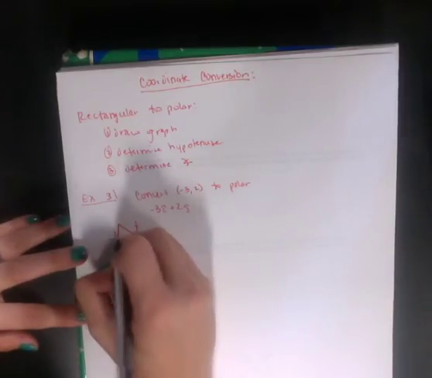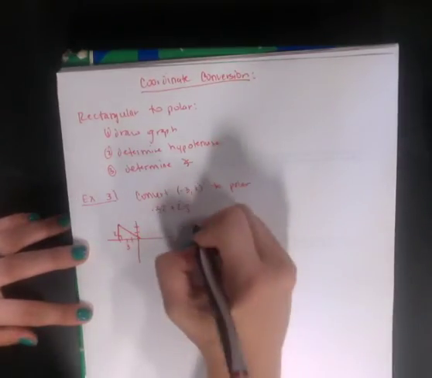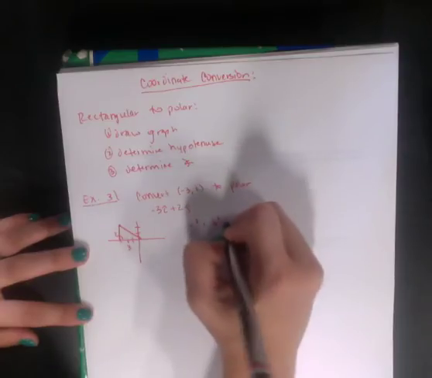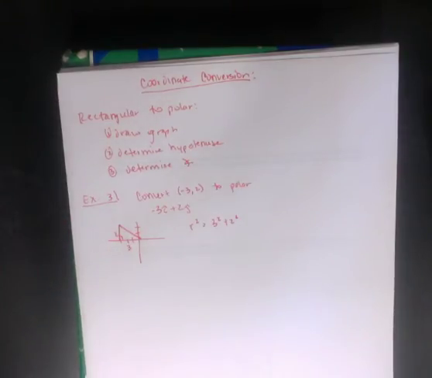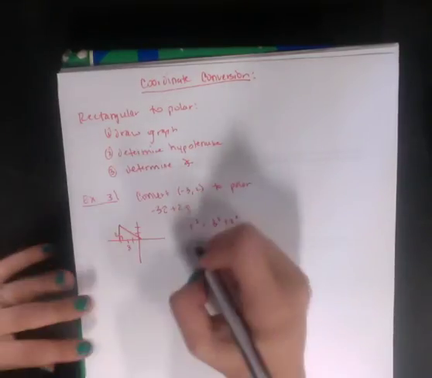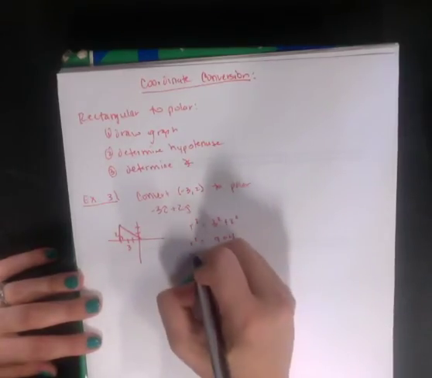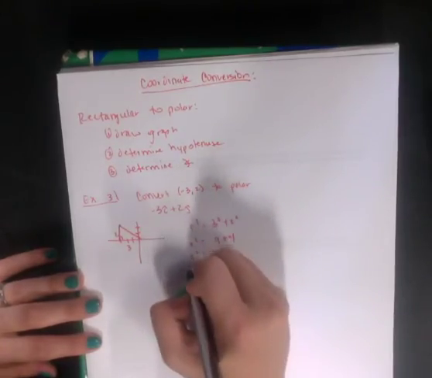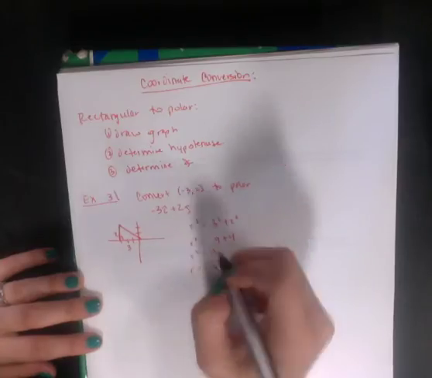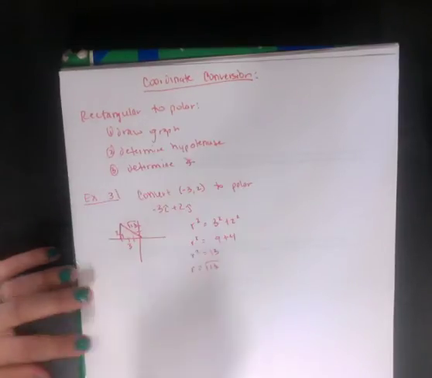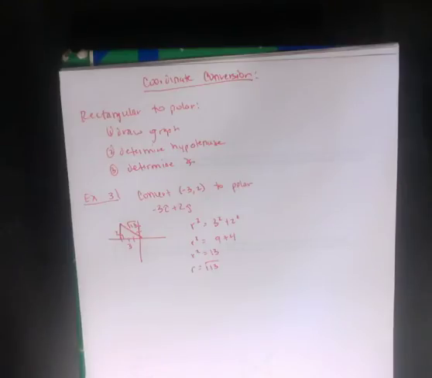This is 3, this is 2. And I can find my r by using the Pythagorean theorem. r squared is 3 squared plus 2 squared. So r squared is 9 plus 4, so r squared is 13. r is the square root of 13. Okay?